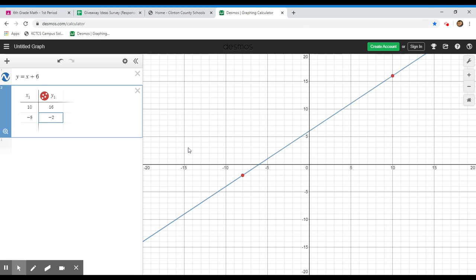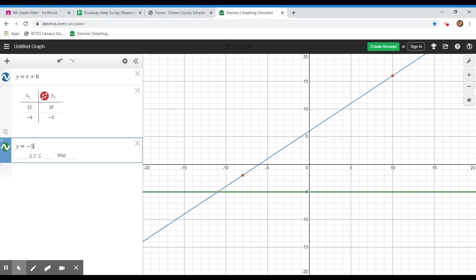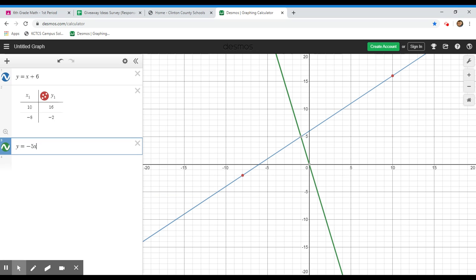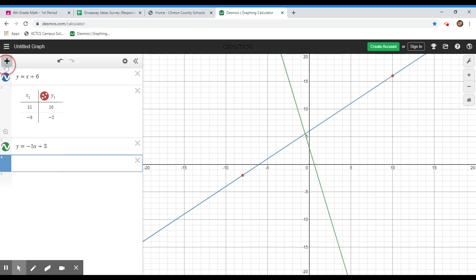Your assignment is basically going to be creating, let's say, 4 equations. Throw some negatives in there if you want. And then create corresponding tables with those.